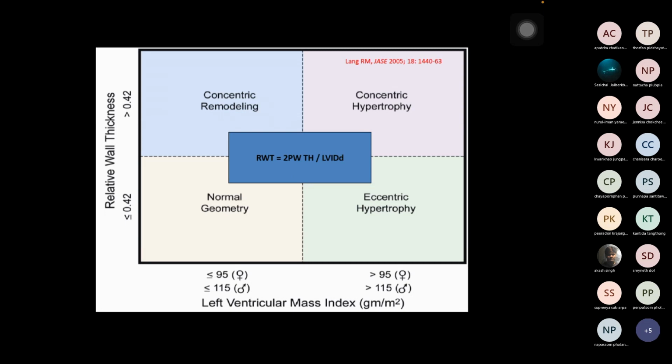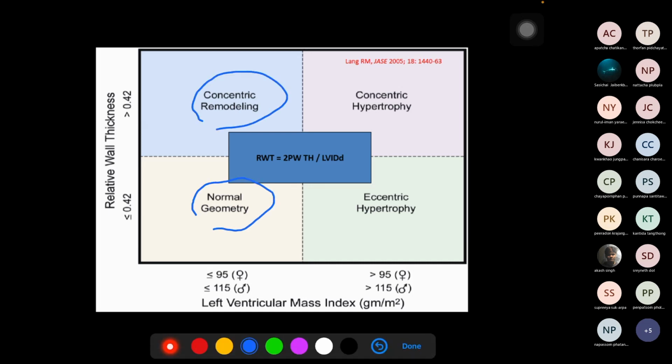So in this figure, you start from the LV mass index 95 in female and 115 in male. Okay, if it's normal, maybe normal geometry or concentric remodeling, you use the RWT to separate between both. If the relative wall thickness is less than or equal to 0.42, 0.42 is the normal geometry. If this number is over 0.42, it's called the concentric remodeling.